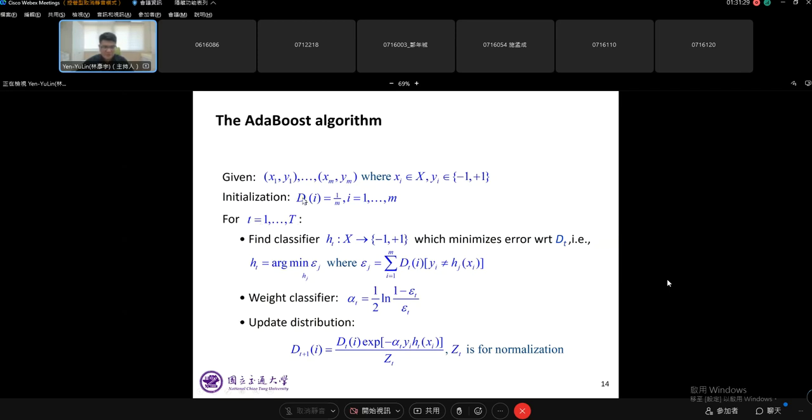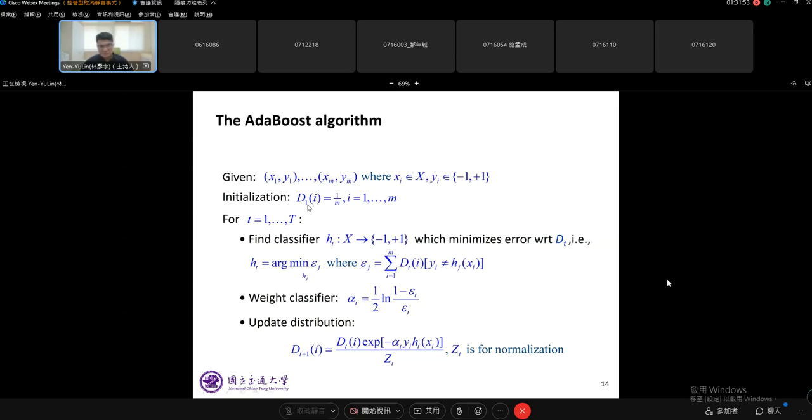So let's look at the meaning of this notation. D1 of i is set to 1 over M. So this term is used to indicate the weight of data point xi at the first iteration.